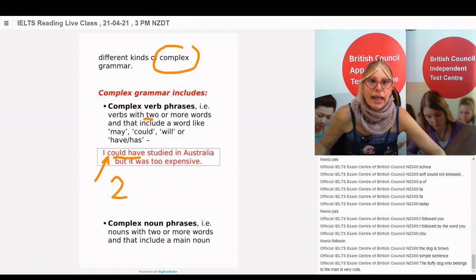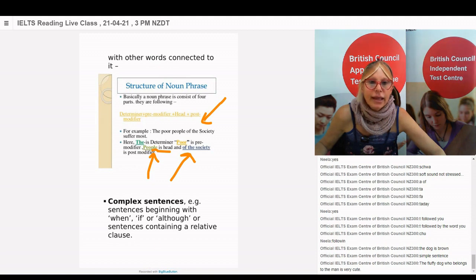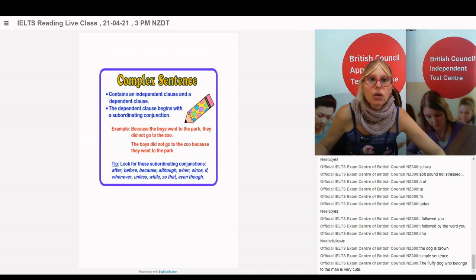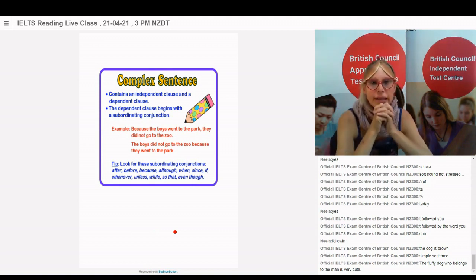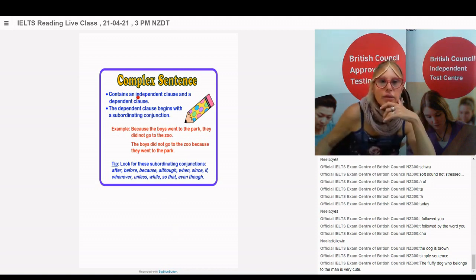Okay, so we've looked at complex verb phrases, complex noun phrases. Now let's just have a look at simple complex sentences, which are sentences that begin with when, if, or although, or sentences containing a relative clause. So just for you to brush up your grammar, a complex sentence contains an independent clause and a dependent clause.